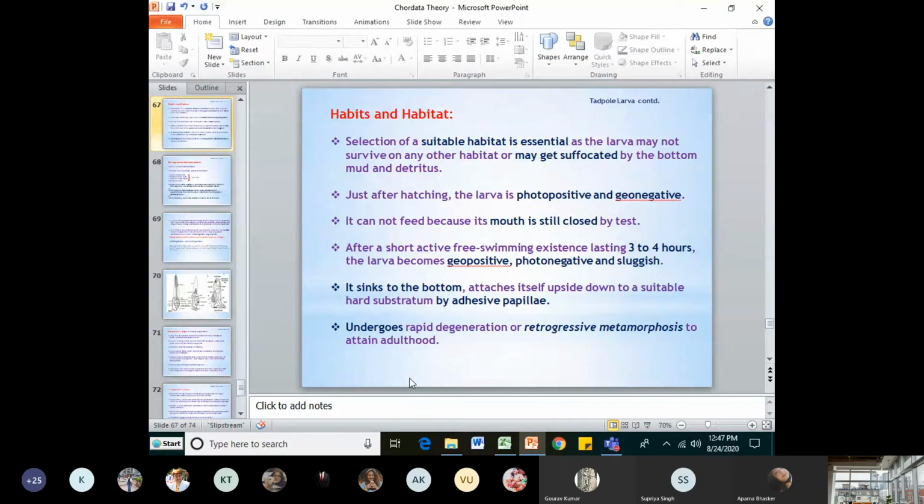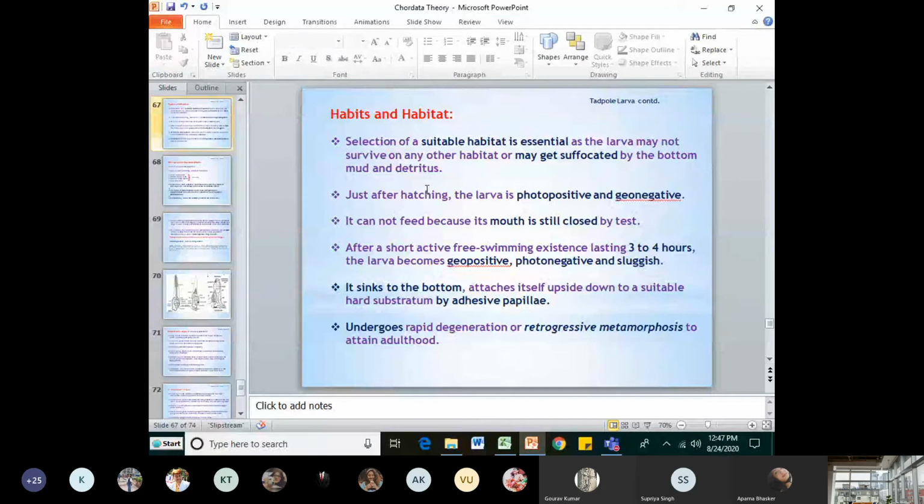Okay, so it has to find a suitable place, as the larva may not survive in any other habitat or may get suffocated by the bottom mud or detritus. So a suitable, perfect habitat is required.